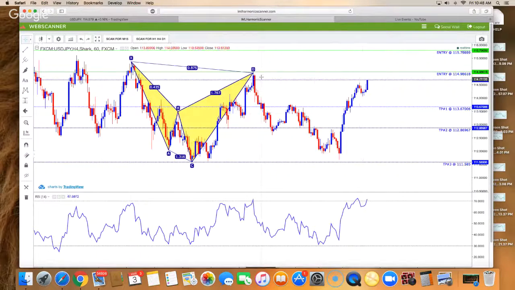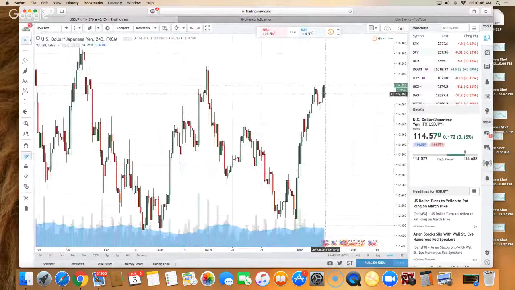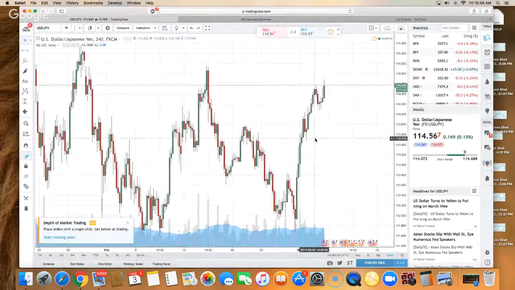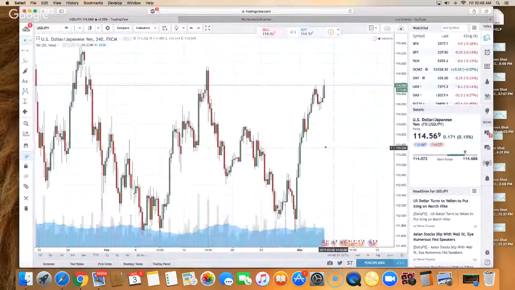Now, check this out. Since the market is on the uptrend on this 4-hour chart, if you come back over here to TradingView, you see the uptrend that it is on. Now look, here's where it really comes together. So now it's coming up here. It's going to respect this zone again.